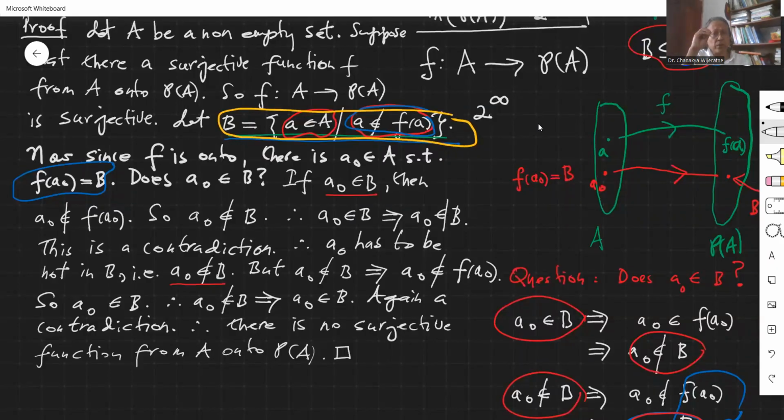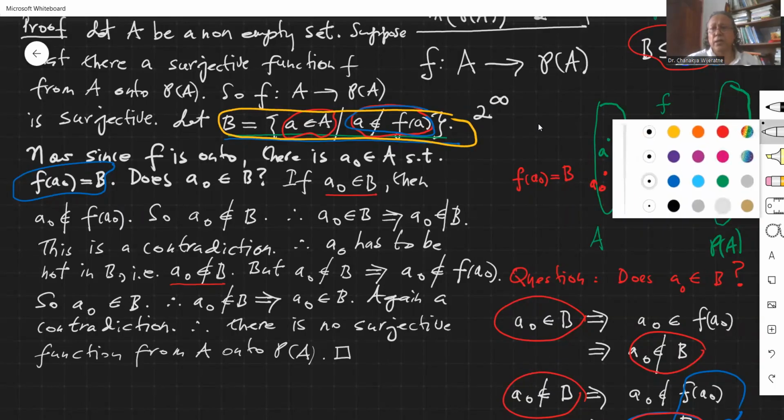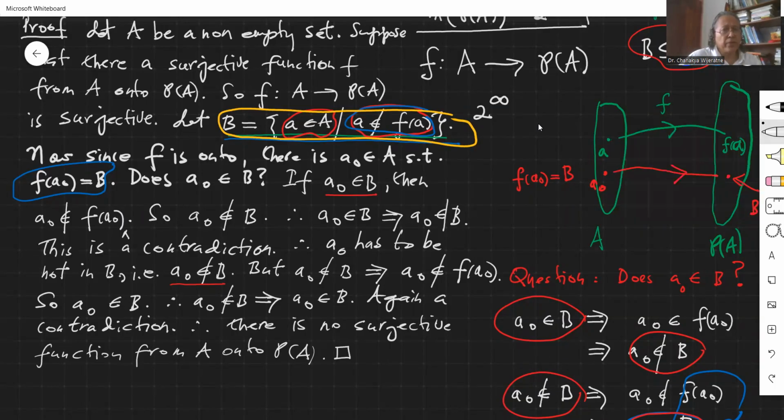So if A naught belongs to B, then A naught doesn't belong to f of A naught, because that's the way we defined B. So this is by the definition of B. You can add it here if you want.